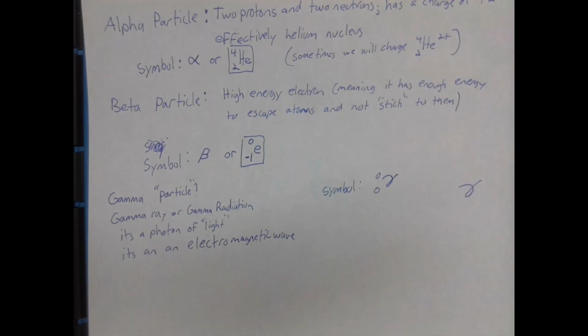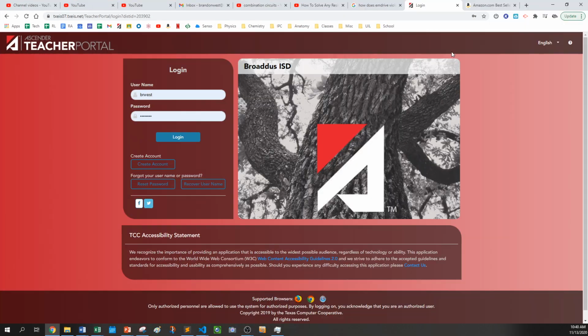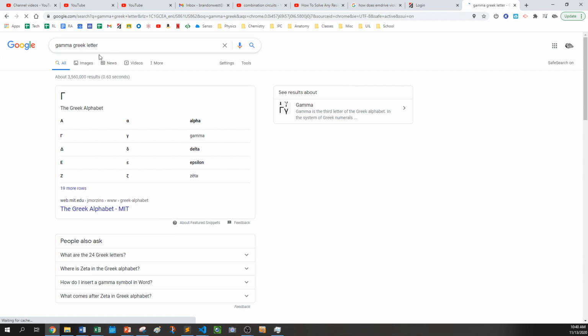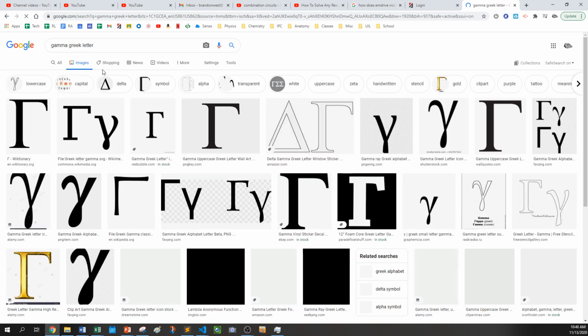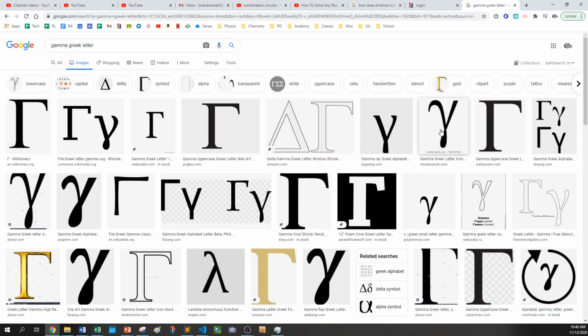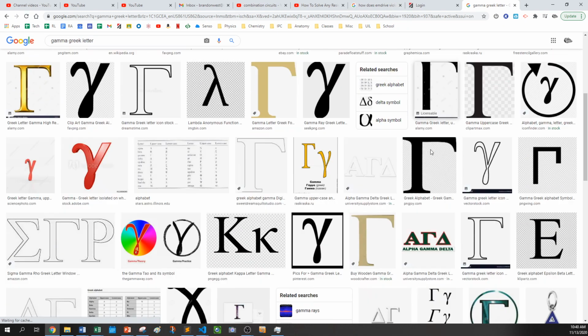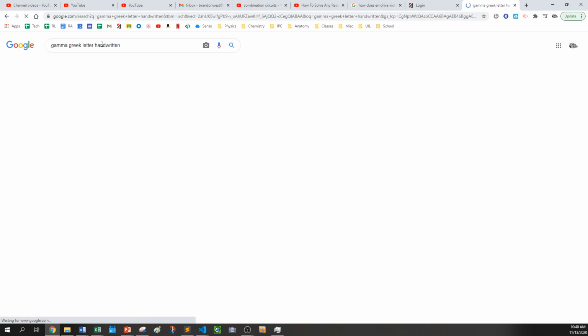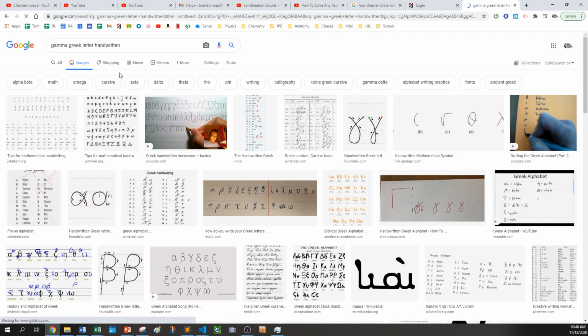Because my handwriting is not the best, there's a gamma, but this is computer print. So let me show my handwriting. As you may know, the letter A on the keyboard is different from how you actually write it.